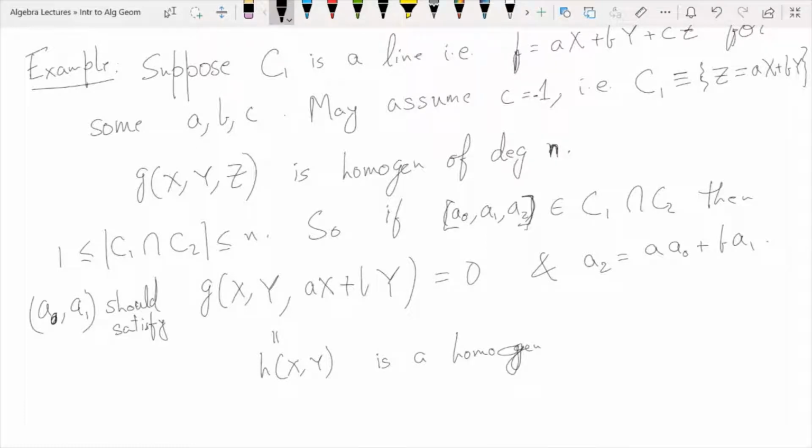It is also a homogeneous polynomial in X, Y of degree n again. Because we have just replaced Z by AX plus BY, wherever Z to the power n is there, you'll replace it by AX plus BY whole power n, and you can check that each term will again have degree n.